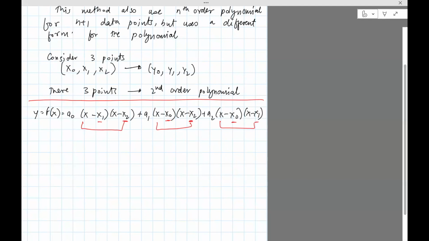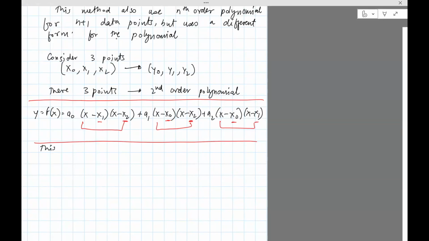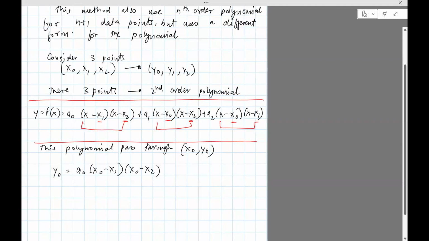Okay, so this polynomial passes through x0, y0. So let's just see the consequence of substituting x0, y0 in this equation. So we have y0 equals a0, x0 minus x1, x0 minus x2.